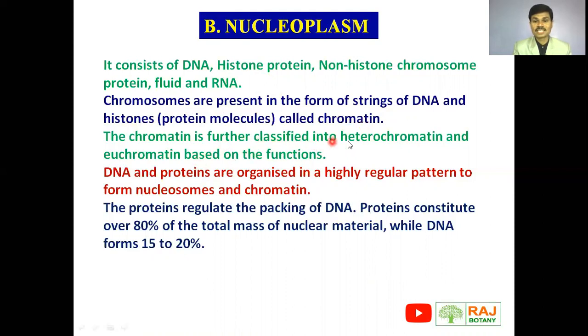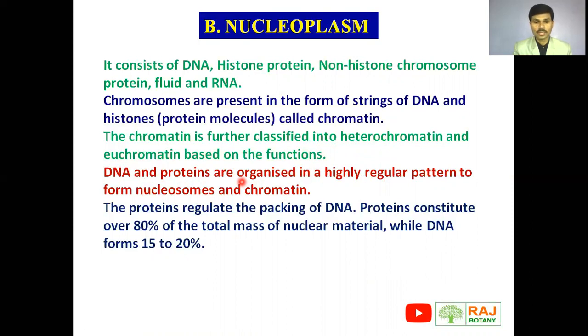Chromatin is further classified into heterochromatin and euchromatin regions. Heterochromatin is highly dense, meaning it has a high concentration of DNA, and the euchromatin region has a lower concentration of DNA. DNA and proteins are organized in a highly regular pattern to form nucleosomes and chromatin, giving rise to one particular chromosome.